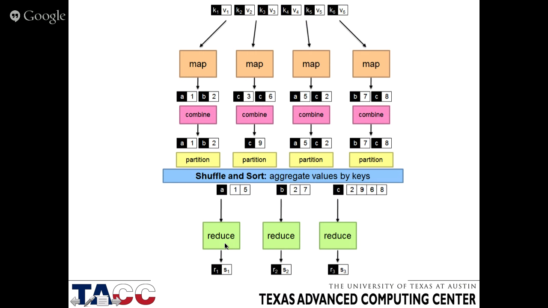The input to the reducer is typically a key and a list of values. Then the reducers act on this key and list of values to reduce the result from one key and a list of values to one key and one value.